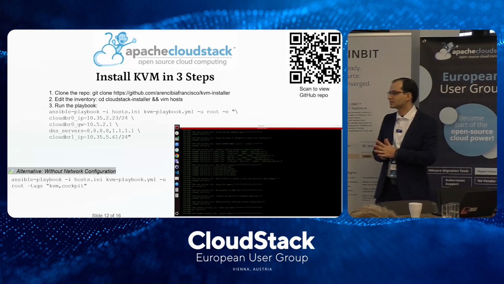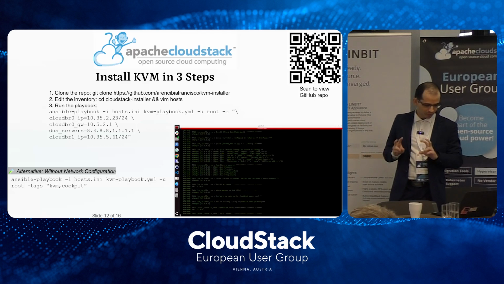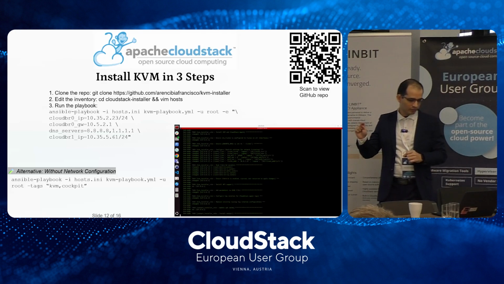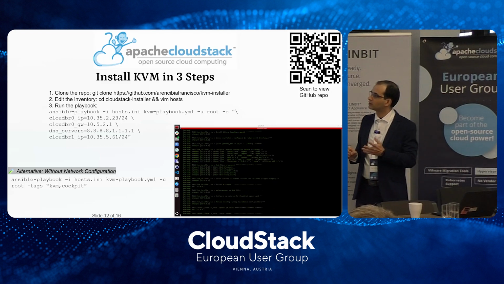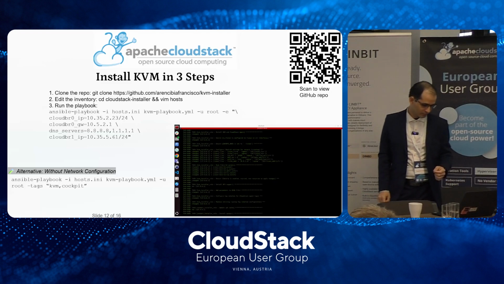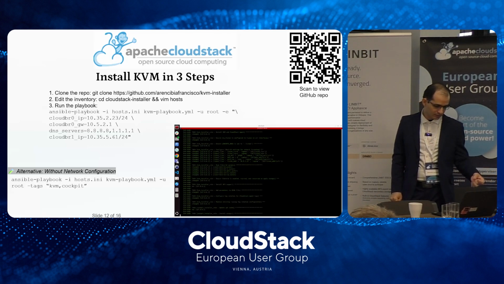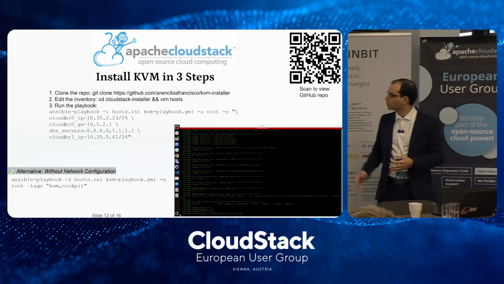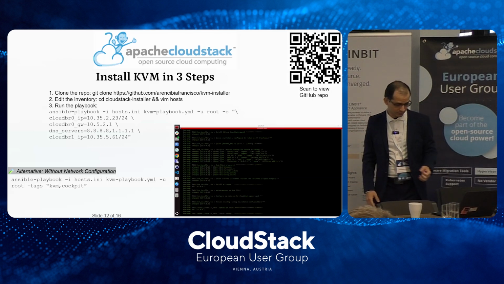You can even test if your host is virtualizing properly, just opening cockpit and launching a virtual machine from there, even if that machine has no connectivity with CloudStack yet. So it's really, really useful. But yes, you can just set --tags and write KVM, and that's it. That will install KVM and all the components, including the CloudStack agent.